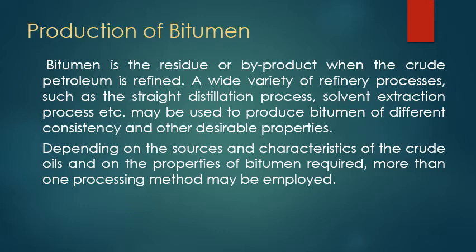This paving grade of bitumen, which is obtained from the distillation process of petroleum crude, is extensively used in the construction of flexible pavement layers, particularly the surface and the binder courses.